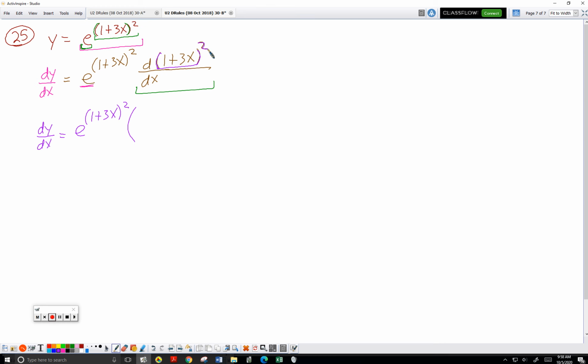So the power rule is 2 multiplied by the something. New exponent is 2 minus 1. And I have d over dx of the something. Questions?